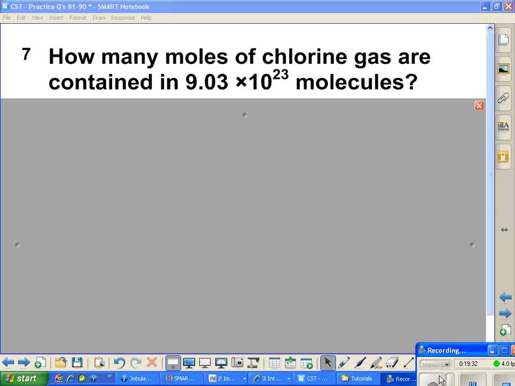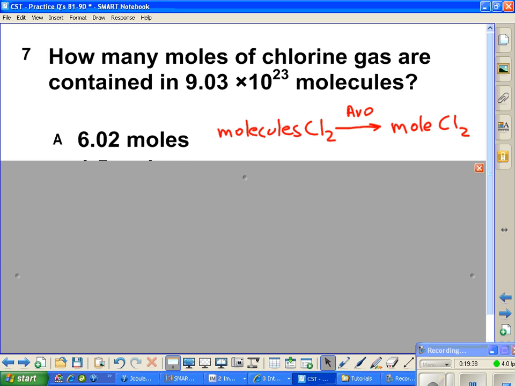But they're trying to find the moles given the molecules. So a little time spent doing a diagram of what you're trying to do and where you're trying to go is very, very helpful. So these molecules are chlorine and the moles are chlorine.